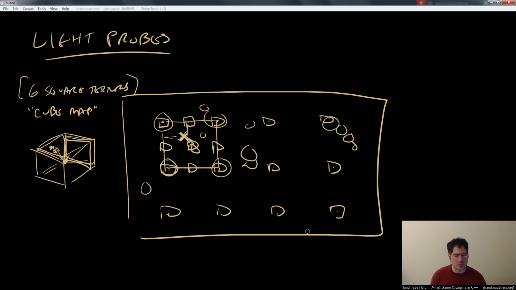So that's one example. And you can see why that's kind of useful, because basically what it does is, even though that can be kind of expensive, so obviously producing all these cube maps would be expensive, it is a way of reducing the cost down to a fixed number, right? So you can just say, how many cube maps can I afford to make? If that number is 16, well, I put 16 down.